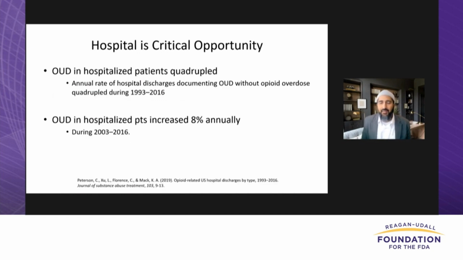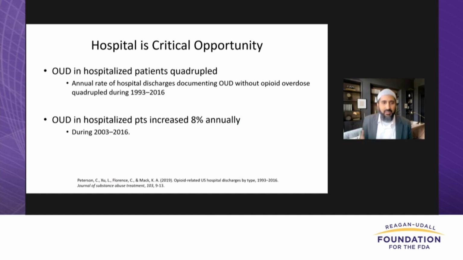On the next slide, the point I want to make here briefly is that patients with opioid use disorder are increasingly being hospitalized. We can't afford to miss opportunities to start buprenorphine due to the hospital factors that I mentioned before. Many of these hospital factors are a downstream consequence of their opioid use disorder. As you see in the slide, opioid use disorder in hospitalized patients has quadrupled from 1993 to 2016.